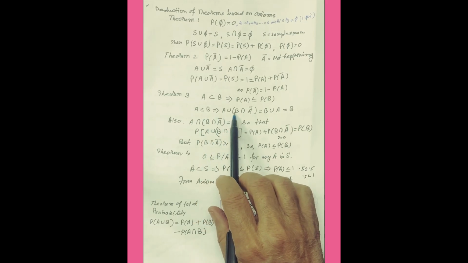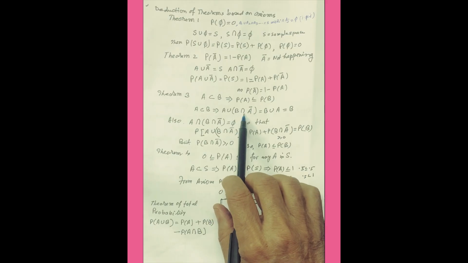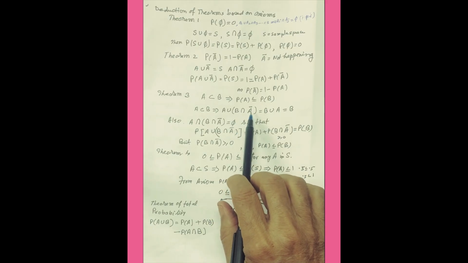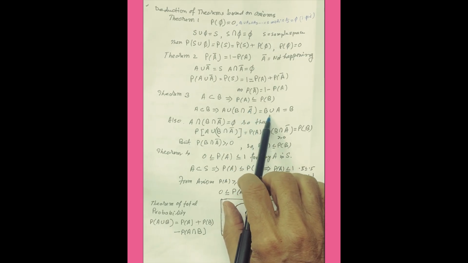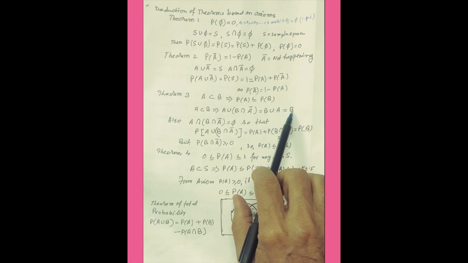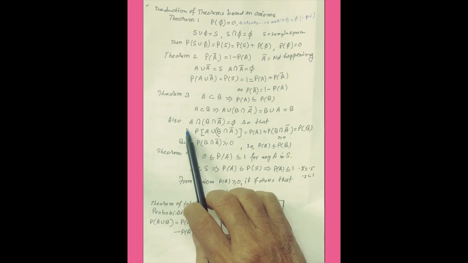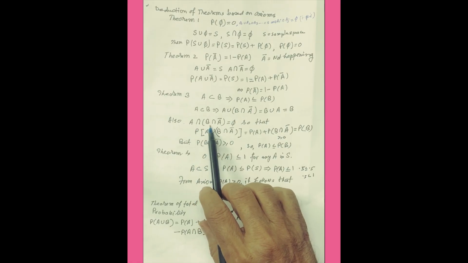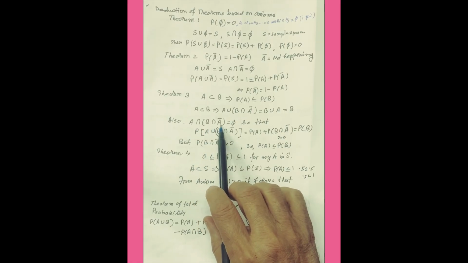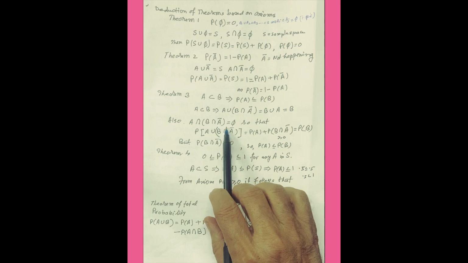A union B intersection A bar, the event not happening, is equal to B, that is B union A is equal to B. And also A intersection B intersection A bar, that means not happening, is equal to phi.